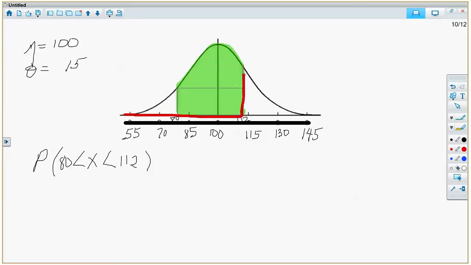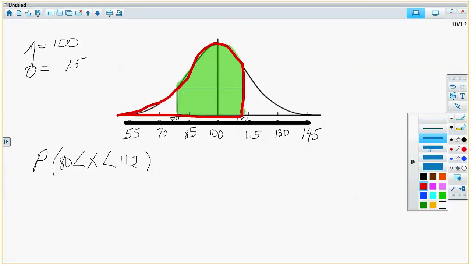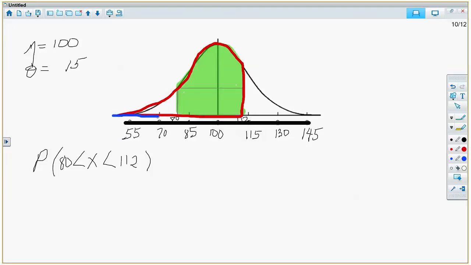Now the red area is at 112. Everybody agree with that? And I'm going to take my handy dandy blue marker and subtract the little area. And your little area is at what? Is at 80. So the red area minus the blue area is going to be the what? The green area.